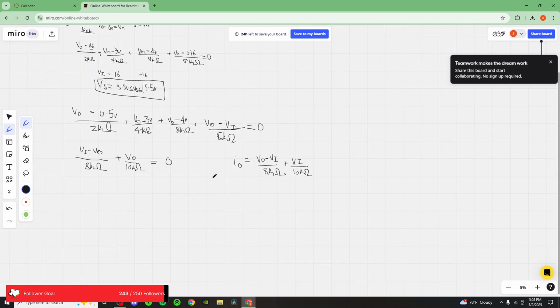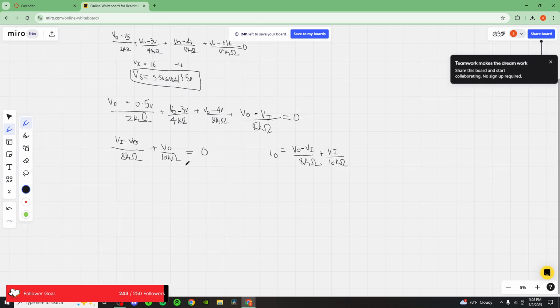And let's calculate the following values. This is KCL. Remember, this is part B.